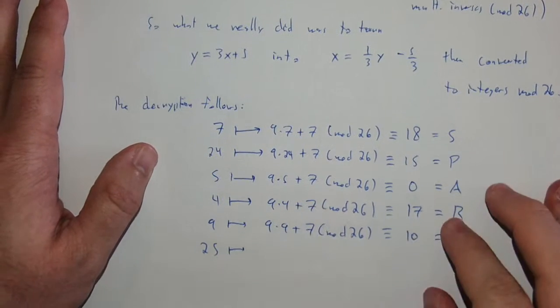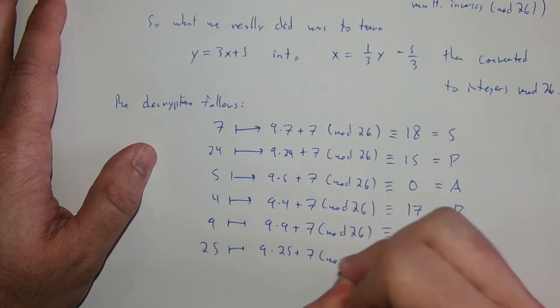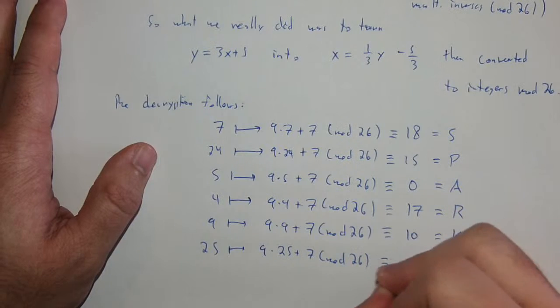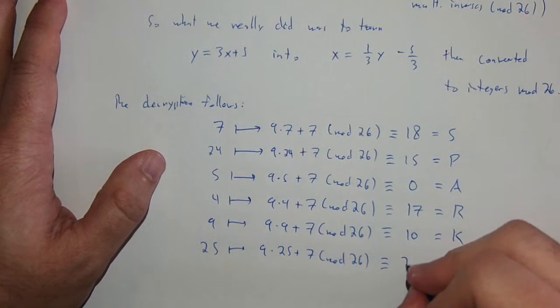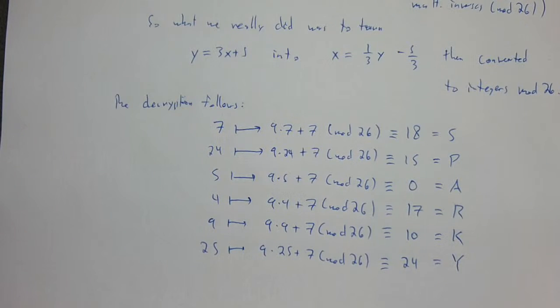And then lastly, 25 gets mapped to 9 times 25 plus 7 mod 26, which is congruent to 24, which is Y. And so that gives us our successful decryption here. So Sparky, our original plaintext, is recovered in this way.